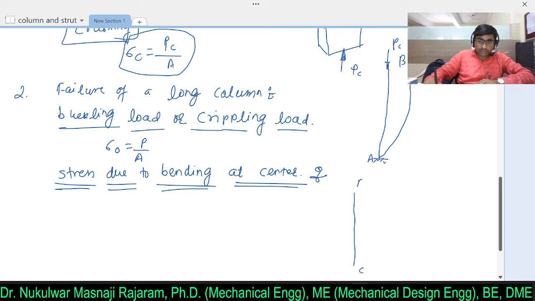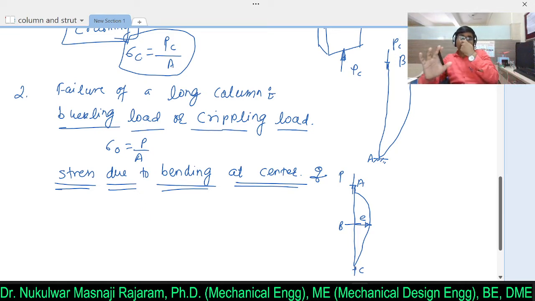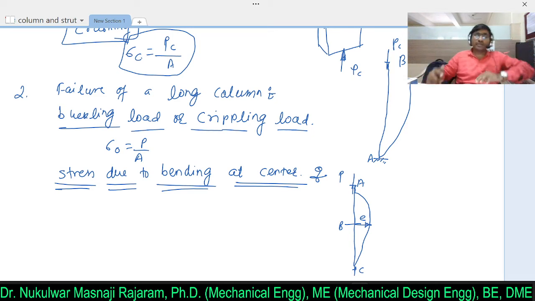Let's say this is A, and at the center I will consider B. When you apply force, it will start to buckle, and this distance in this direction I consider as e. So when we apply the force over here, the entire column will get deflected. The value of deflection is e.